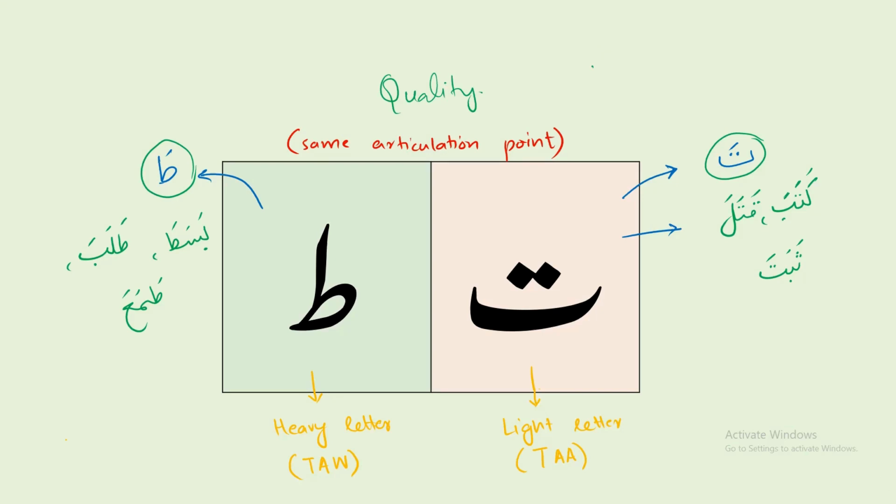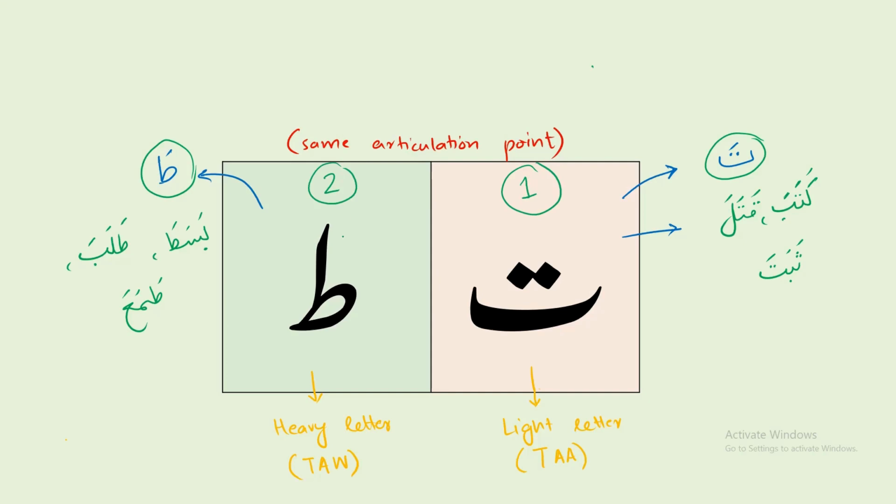The way a letter is articulated, it can be different as well. Okay, so let me just make the sound as well, and then you will understand. So for these two letters, the difference is in the quality. The first letter here is a light letter. This ta letter is a light letter, and the second letter pa is a heavy letter.